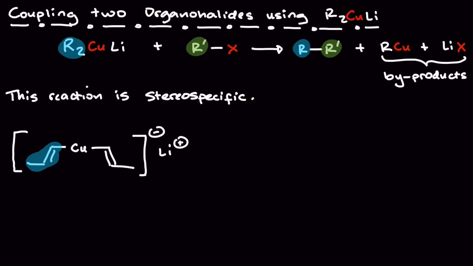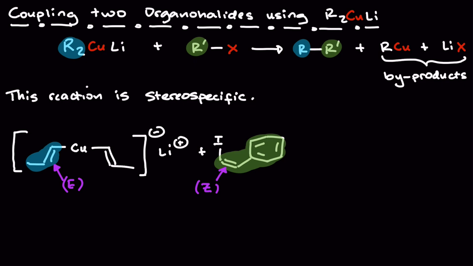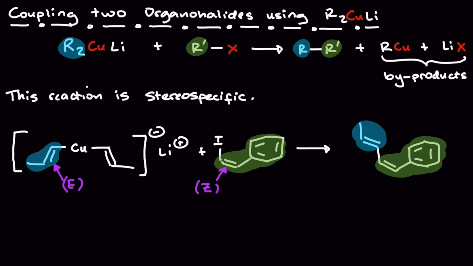So consider this lithium dialkylcuprate. The stereo configuration around those alkene bonds is an E configuration. Then consider this organohalide, which has a Z configuration around the alkene bond. When these two molecules couple to each other, this is what the major product would look like.